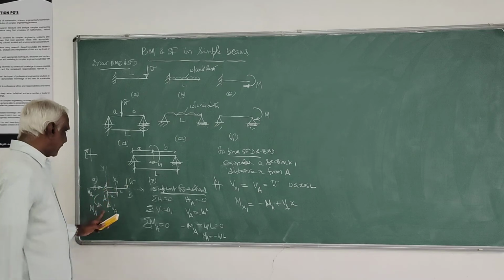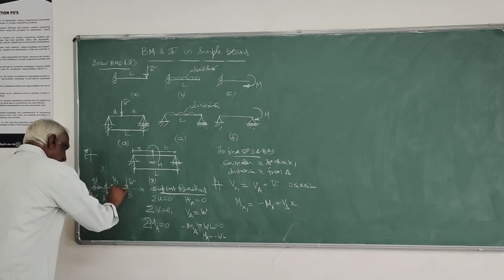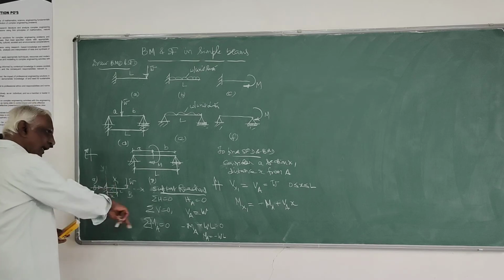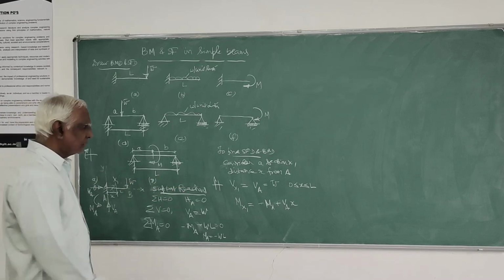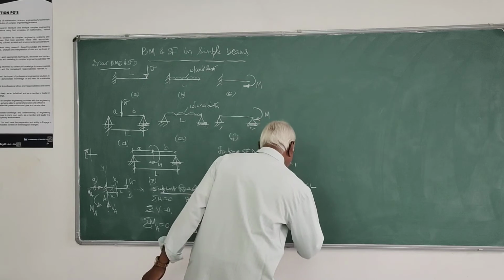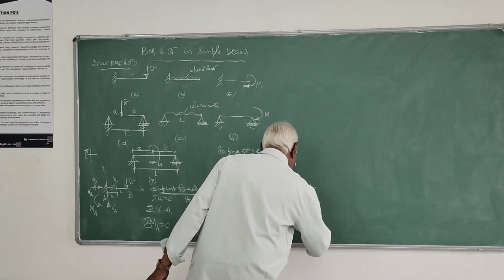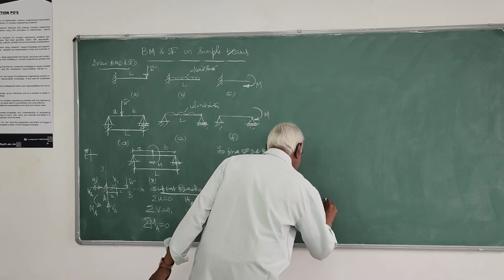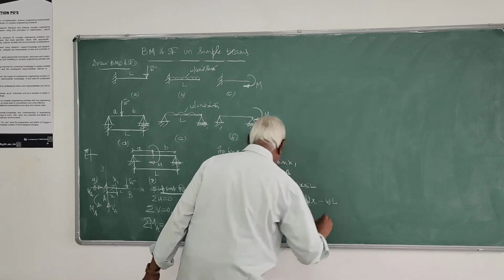VA into x is a moment like this, clockwise, positive. Here MA is anticlockwise. So this is nothing but VA is W, so W x minus MA, which is W L.